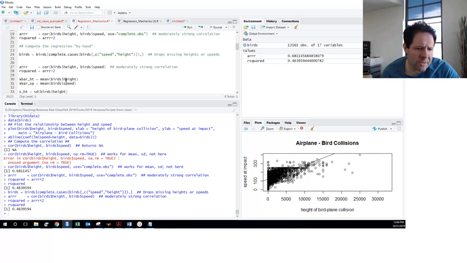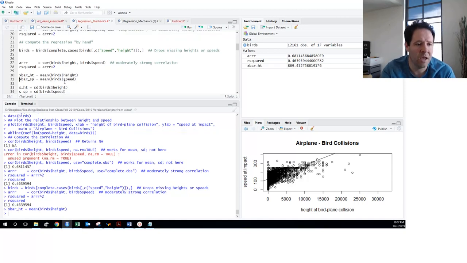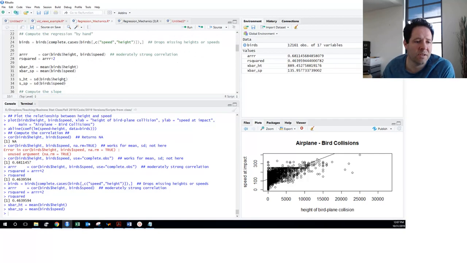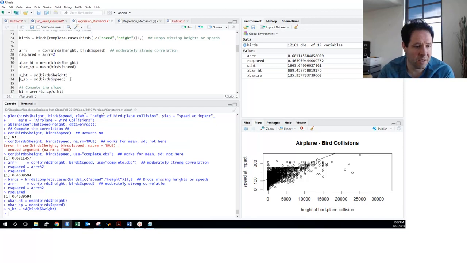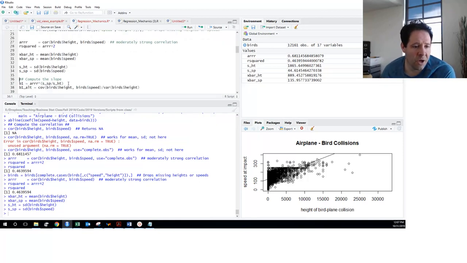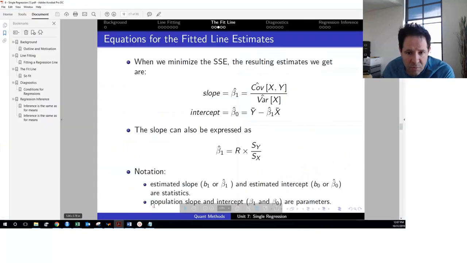For our calculations, particularly for the intercept, we'll need the means, the mean speed and height. We're going to store these in x bar SP for the mean of speed and x bar HT for the mean of height. We're also going to need the standard deviations of height and speed. If you want to compute the slope, we had two options if you remember back on the slides. One is we could compute the sample covariance and divide by the variance.